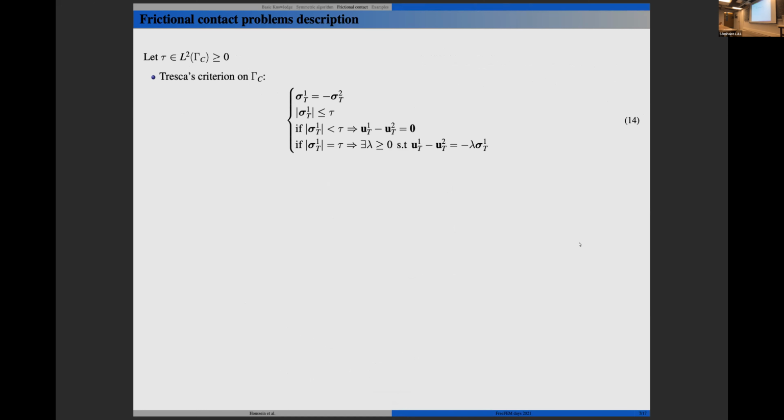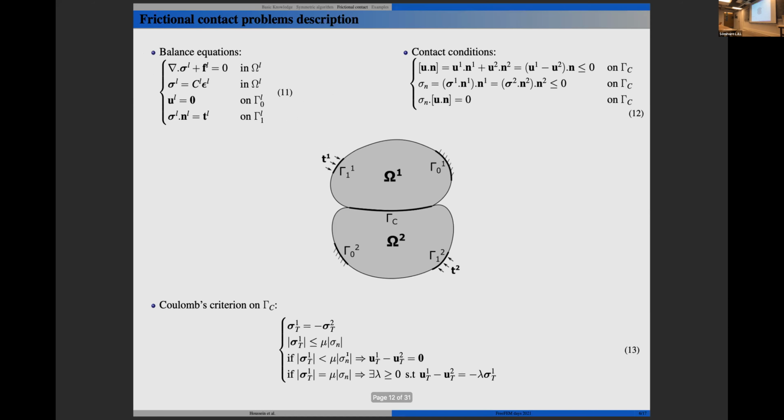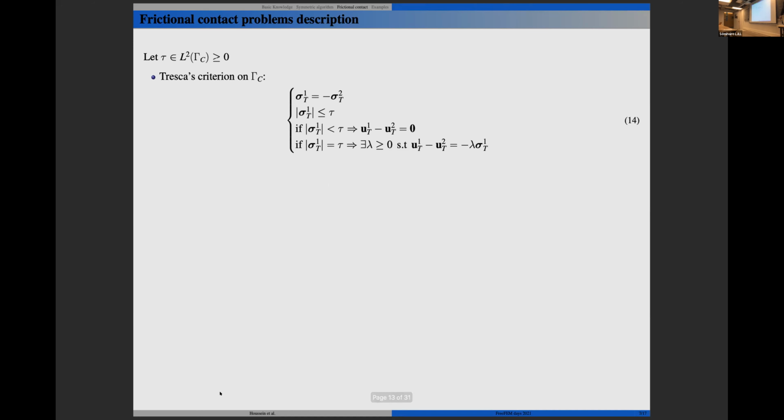Also, we have another criterion for friction, for example the Tresca criterion, where we take a tau, which will be called the sliding limit. Here we have the same as the Coulomb's criterion, but instead of mu sigma n, we have a given sliding limit tau. And this problem can be expressed as a minimization problem.